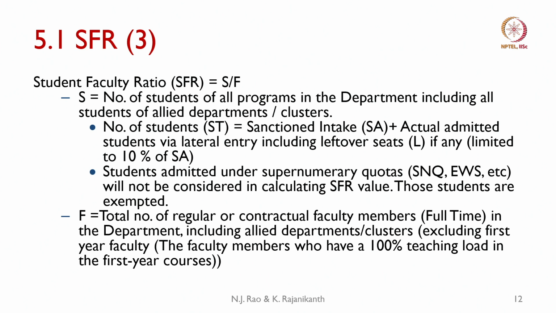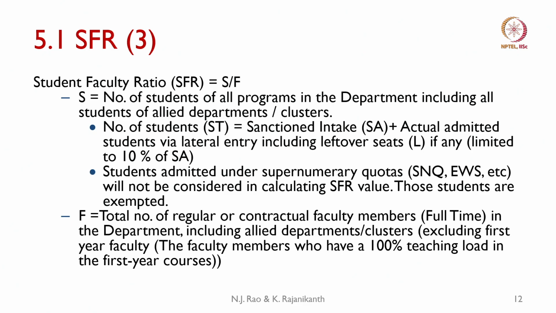So, the sanctioned intake plus actual admitted students via lateral entry, and some universities do permit additional admissions in the second year if there have been vacancies in the first year. Like the sanctioned intake is 60, but in the first year the admissions have only been 45, then there are 15 vacant seats.